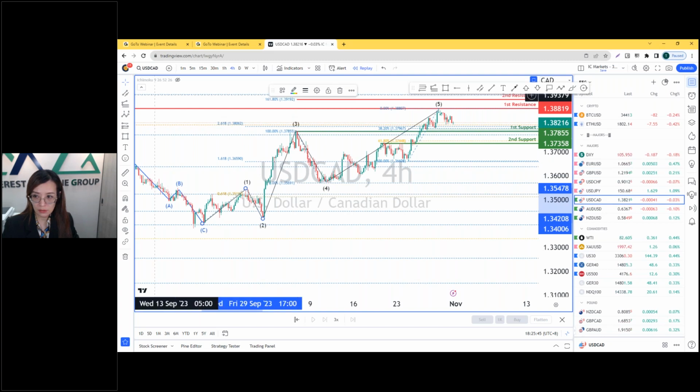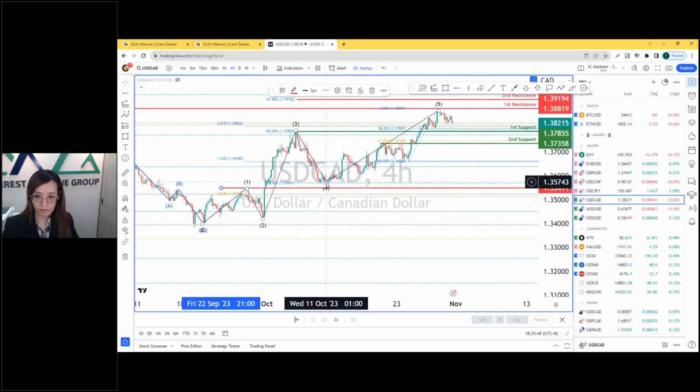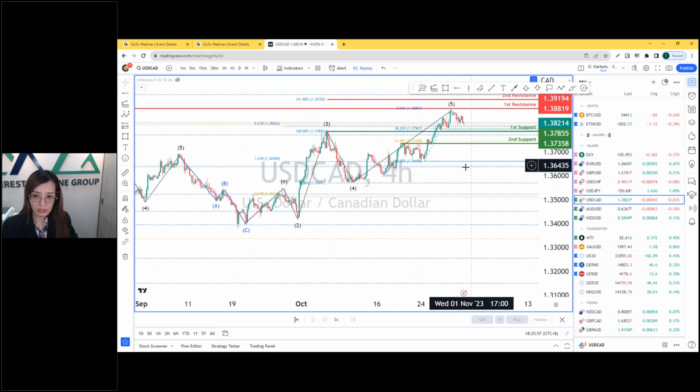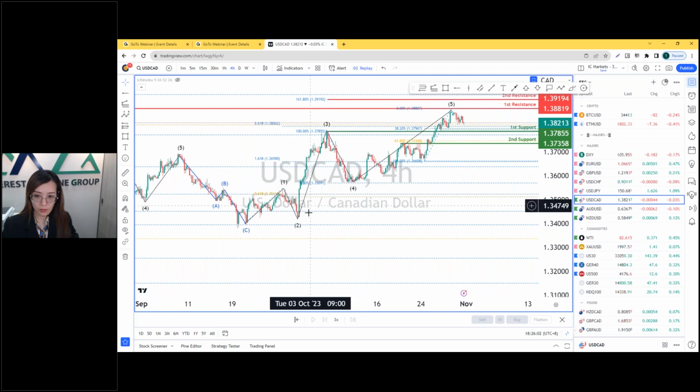These are the rules, right? You can see that it never overlaps wave 1. And this is wave 5. In this case, it's still an Elliott wave, right? Because wave 3 is not the shortest of waves 1, 3, and 5. It's longer than wave 1, but shorter than wave 5. It's still called an Elliott wave in this case.